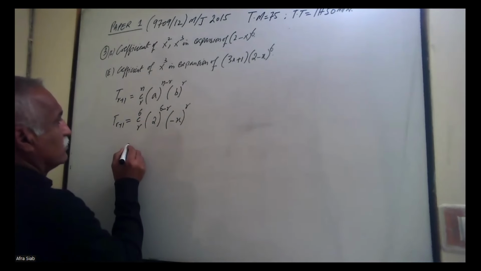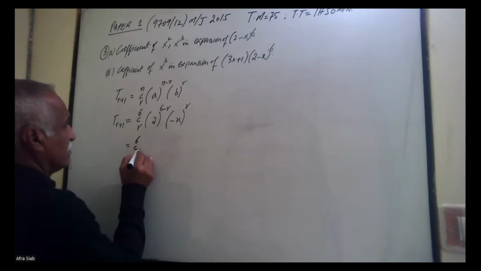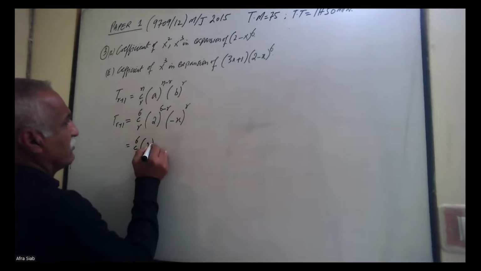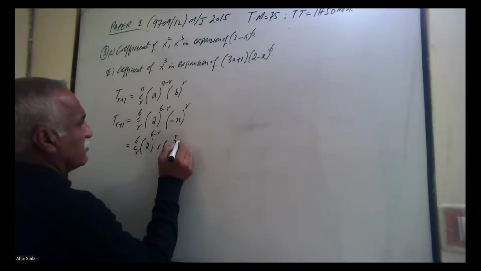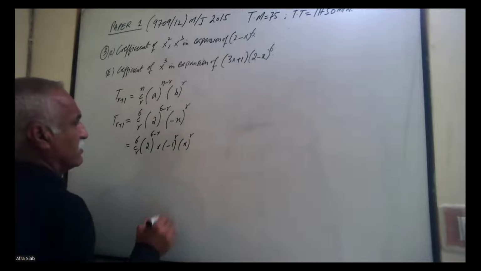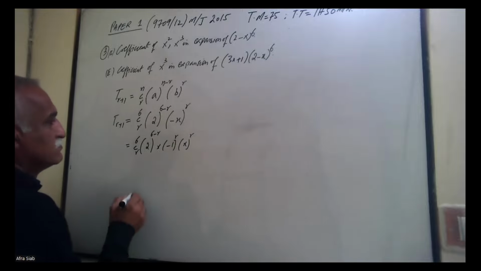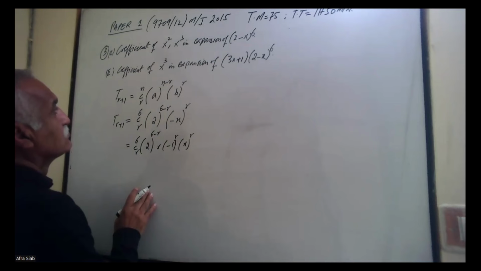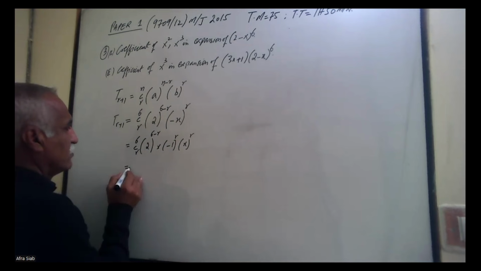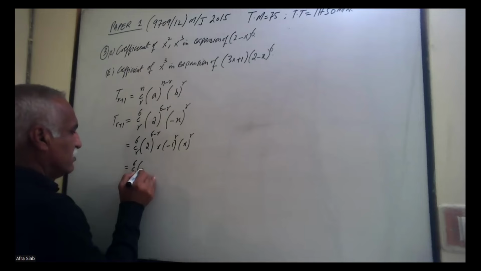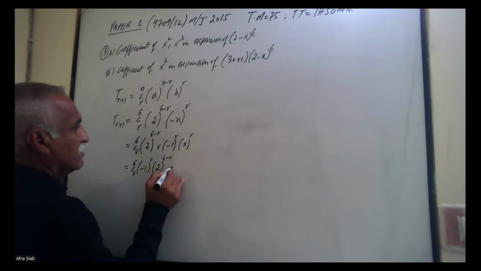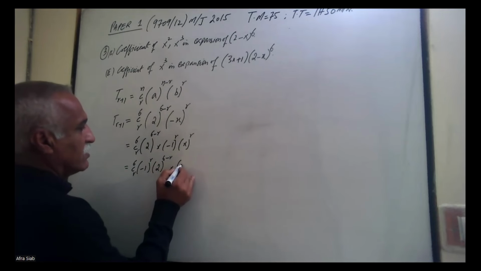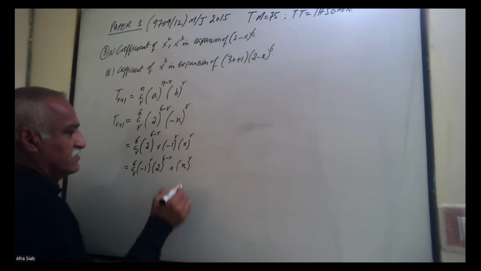T(r plus 1) is equal to 6Cr into 2 power 6 minus r into minus 1 power r into x power r, which will be equal to 6Cr into minus 1 power r, 2 power 6 minus r into x power r.